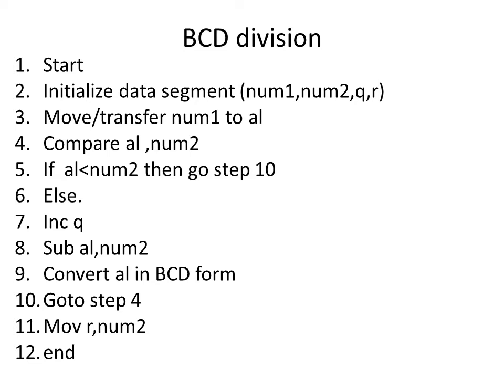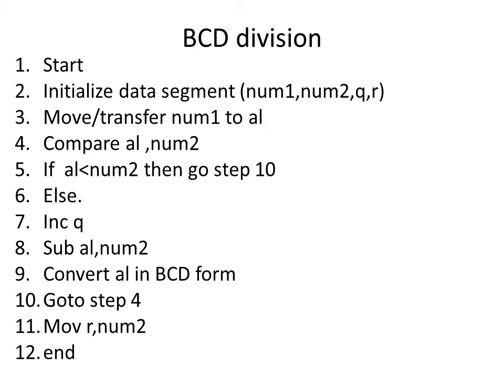If the result of subtraction is again greater than num2, then again we subtract num2 from the result of the previous subtraction, and this process continues until the result of subtraction is less than the num2 value. The number of times we perform subtraction is nothing but the quotient. And the result of the last subtraction is nothing but the remainder.